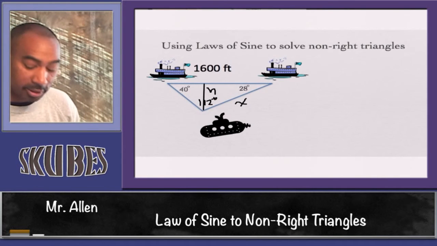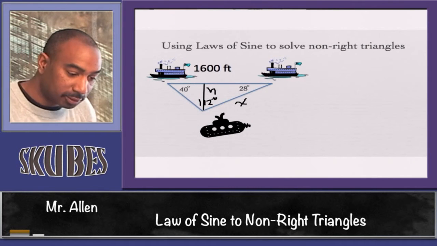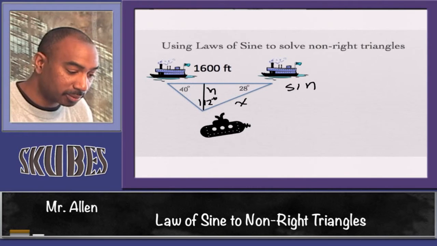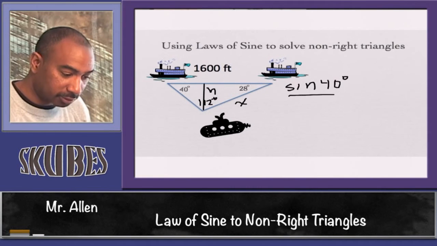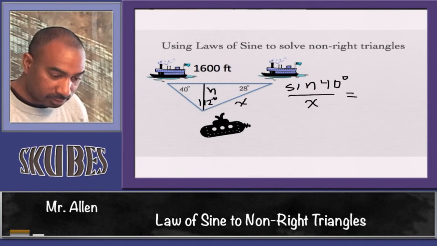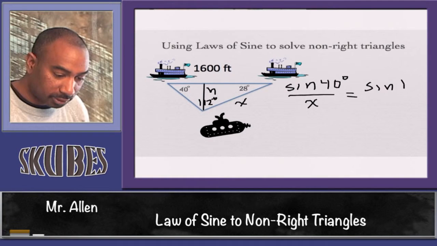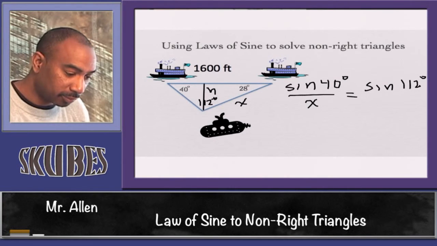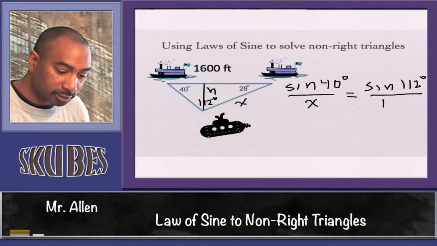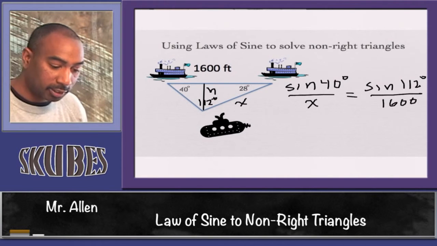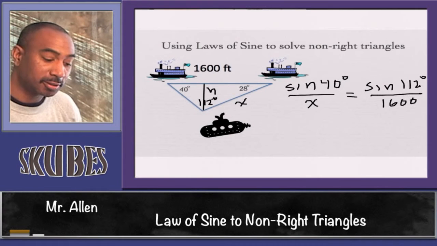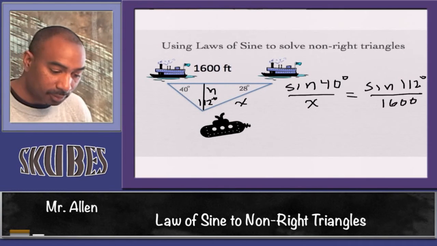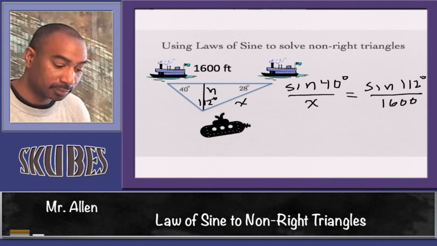So let's set this up using the law of sines. I could say sine of 40 degrees is to x, and sine of 112 is to 1,600. If you solve this, it won't tell you the height, but it's going to lead to what the height is. But first you have to solve for x.